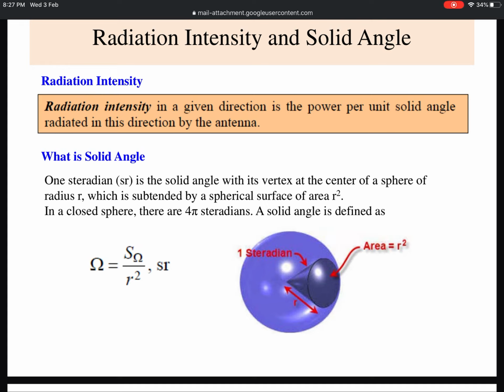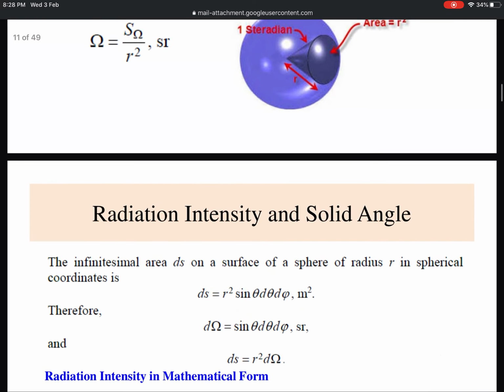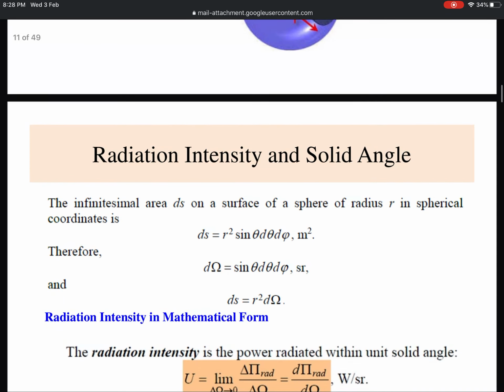So what I need to consider is that radiation intensity is power per unit solid angle in a particular direction. Now you can understand how much power is going through that elemental area in the spherical coordinate space, in the radiation boundary that you have selected. In a normal spherical coordinate system, I know my elemental area is r square sin theta d theta d phi.